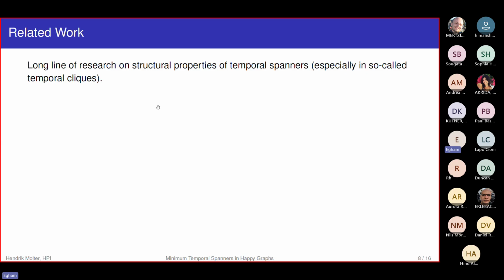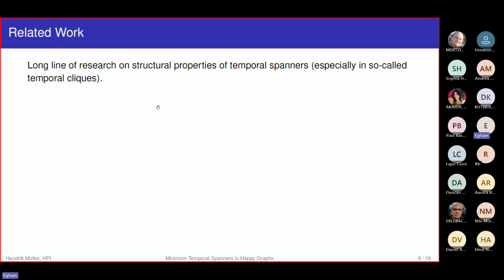What I also briefly want to discuss, just not to neglect it, is that there's a long lineage of research on temporal spanners that approach the problem more from a graph theoretical point of view. I don't want to give a full review of the results here because that would be out of scope for my talk. But specifically, there is a lot of research on how sparse spanners can be on so-called temporal cliques, meaning that the underlying graph is complete, and also other related results.